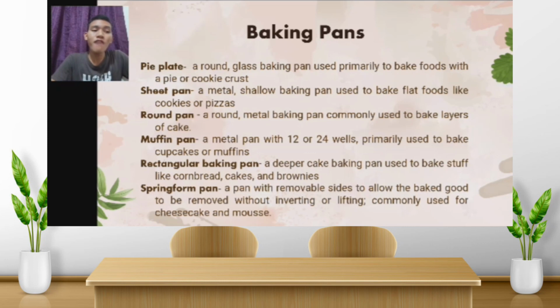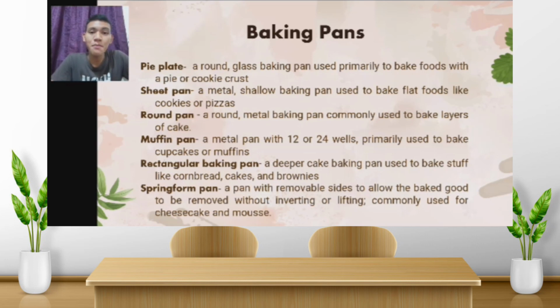Each of the pans was designed for certain types of food, and each type of pan gives its product the signature shapes. Okay, so for baking pans, depending on what you want to bake, it is very appropriate to use these specific pans.